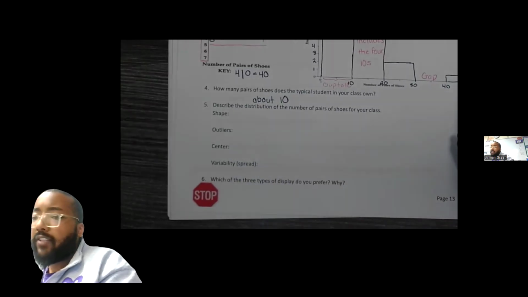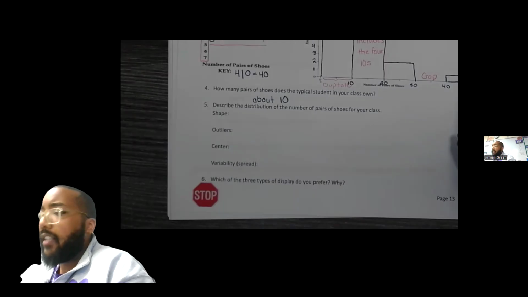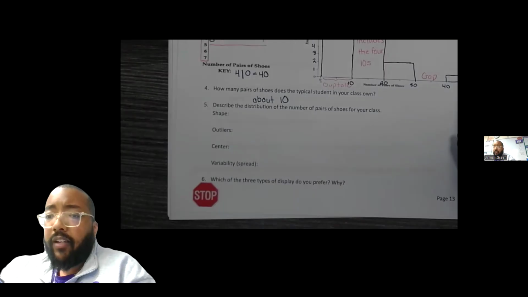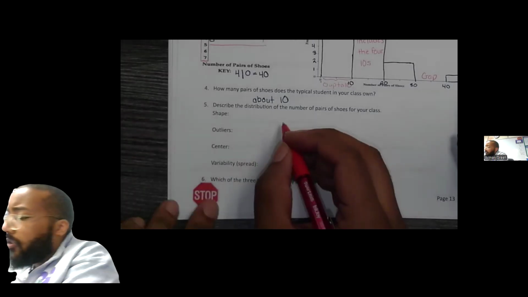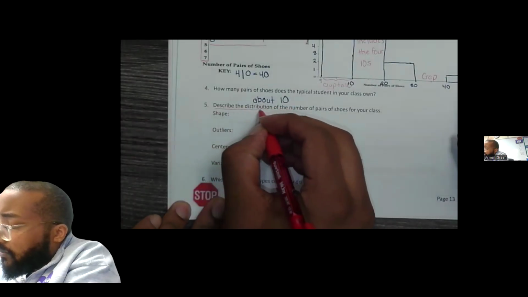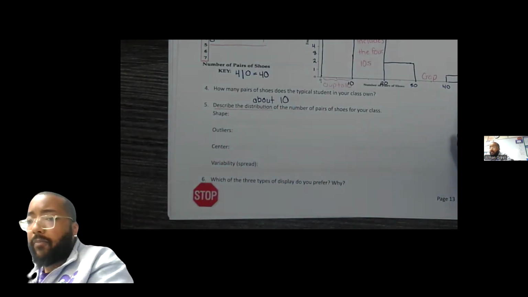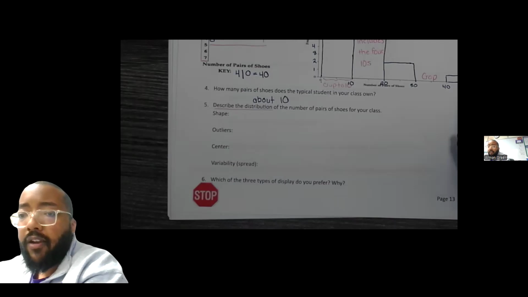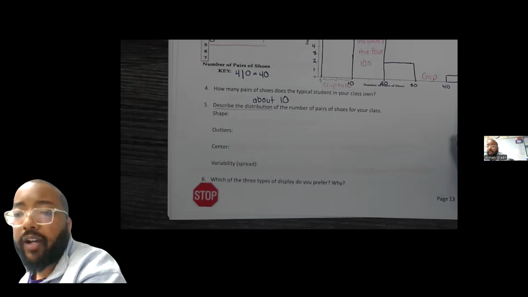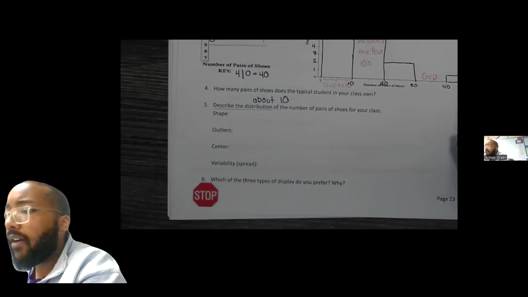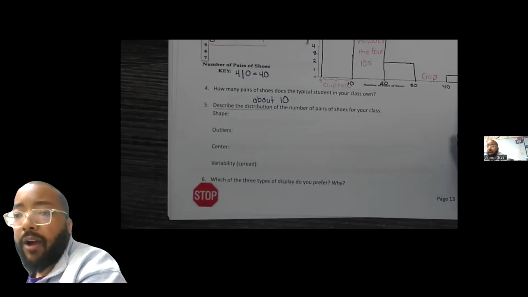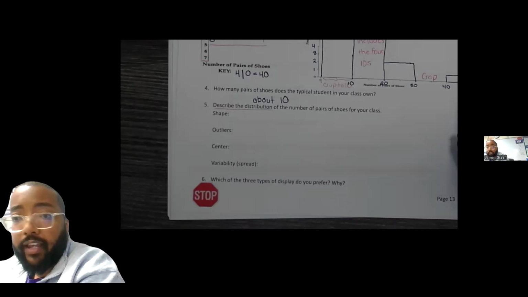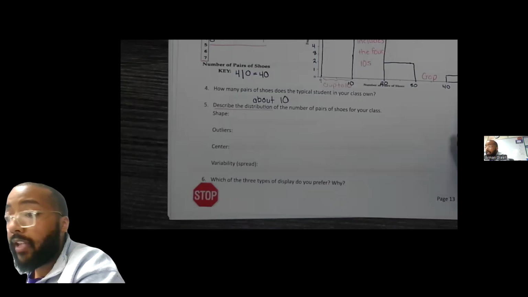Now, for question 5, this is getting into the nitty-gritty of this lesson. We're looking at describing the distribution. This is a big part in AP statistics, where a question might ask you to describe the distribution. If you get a problem like this, there are 4 components that you need to include in your response.